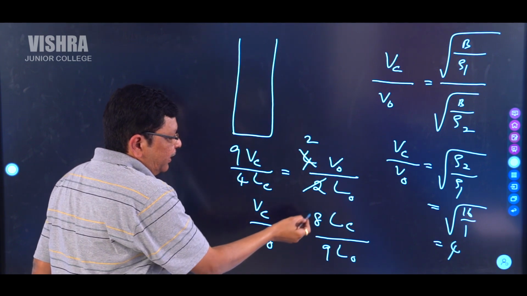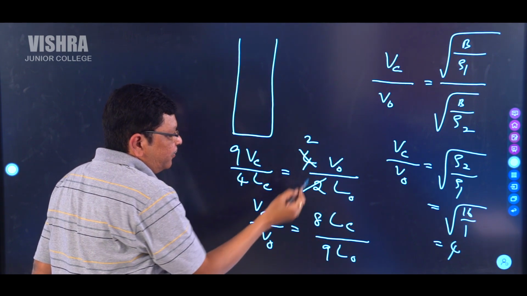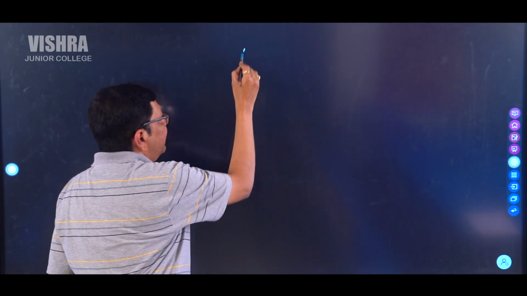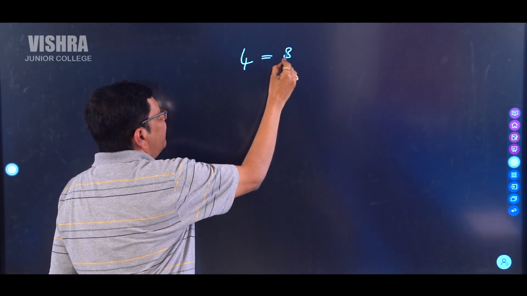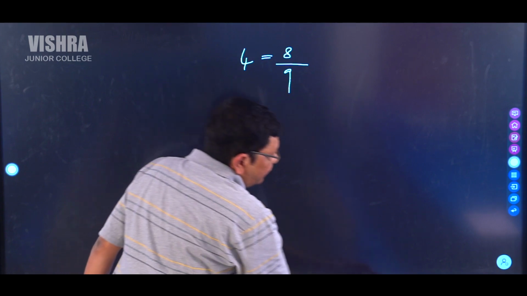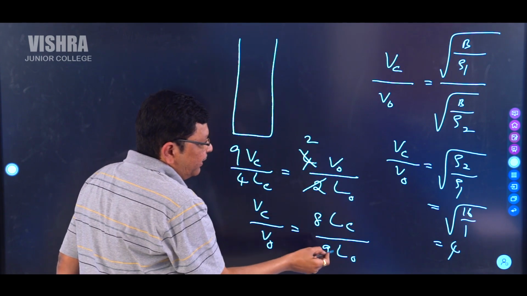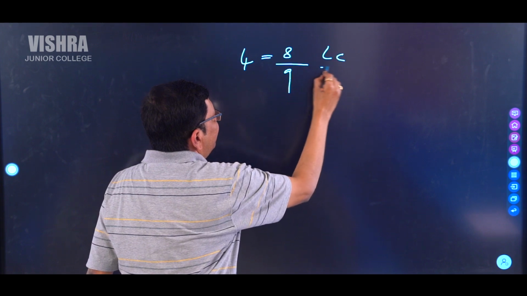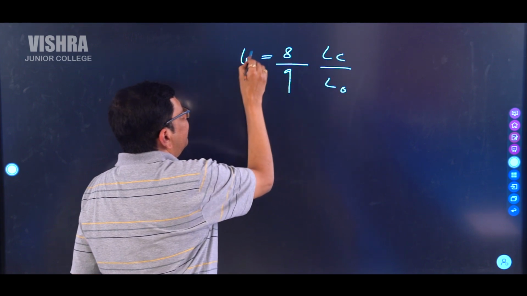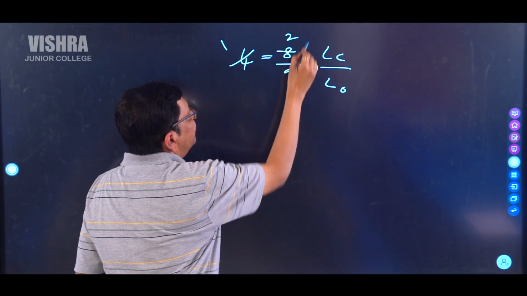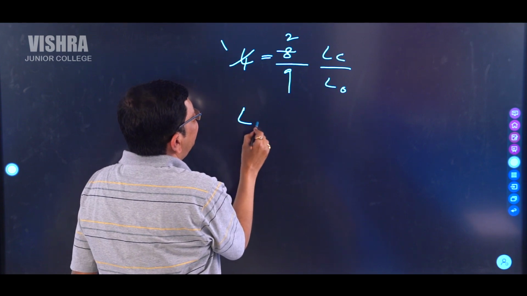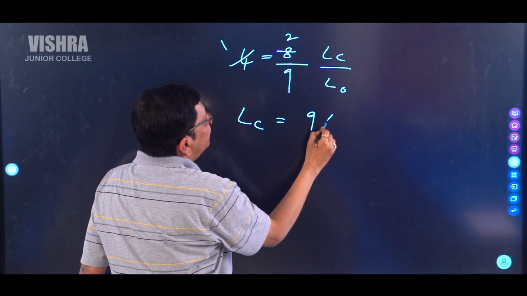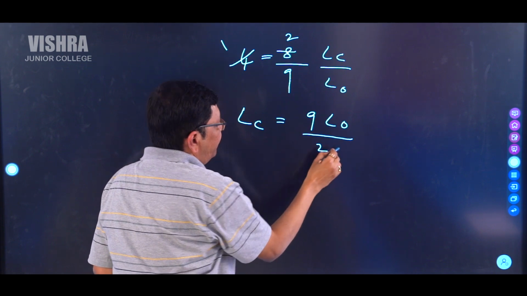Now 4 equals 8 by 9 times the closed pipe length over the open pipe length. So the length of the closed pipe is equal to 9 times the length of the open pipe upon 2.